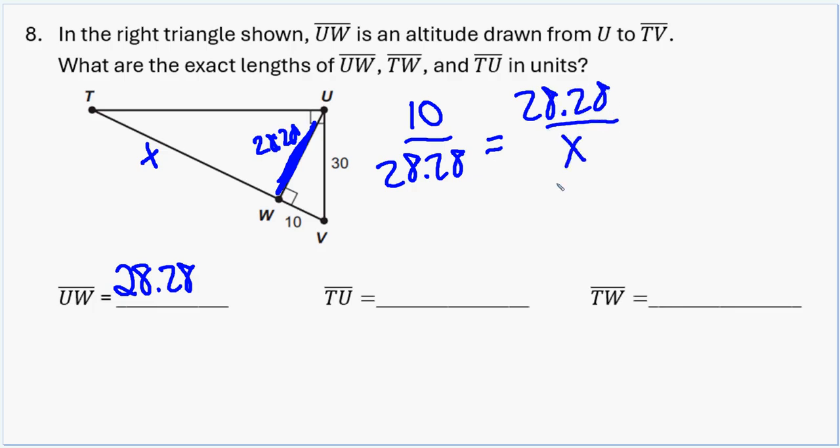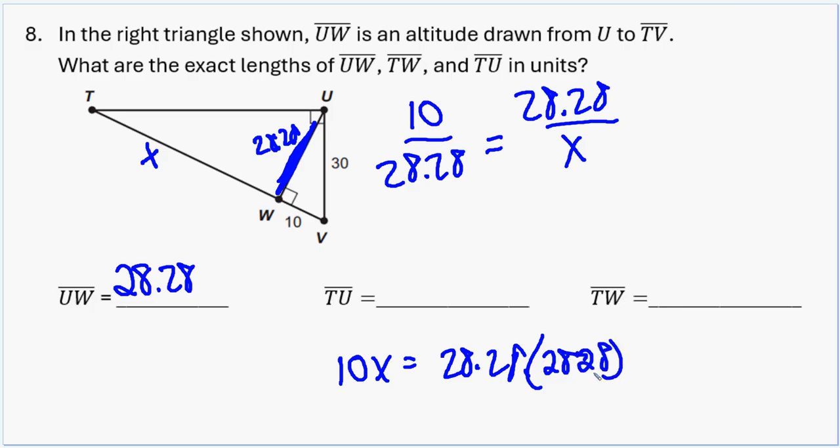And then we could cross multiply here and get 10x is equal to 28.28 times itself. And when you solve this, you're going to get x equals 79.97. So we can just round that off to 80. And what we found there was TW, so that'll be this last one over here. That's our 80.